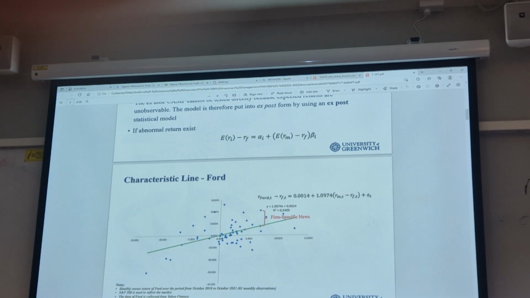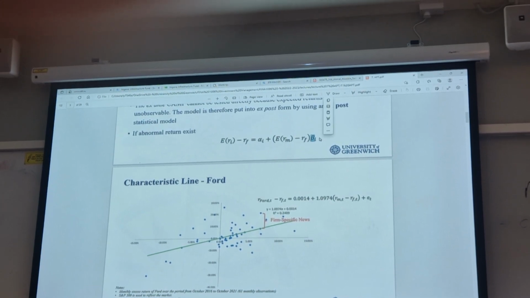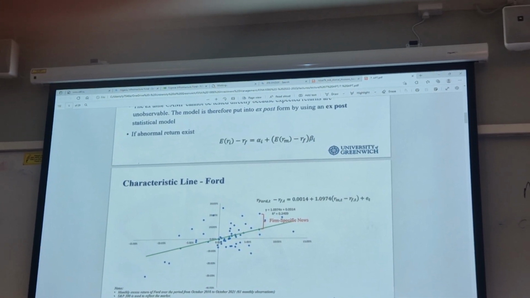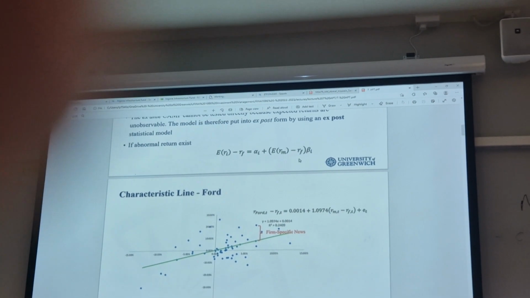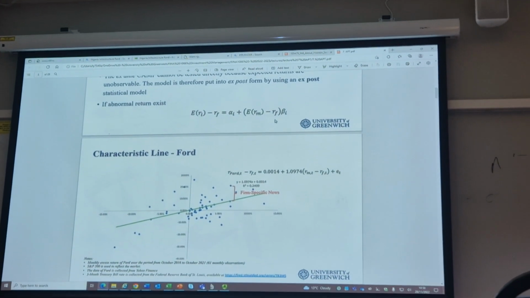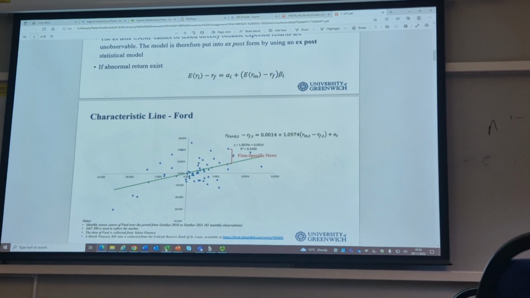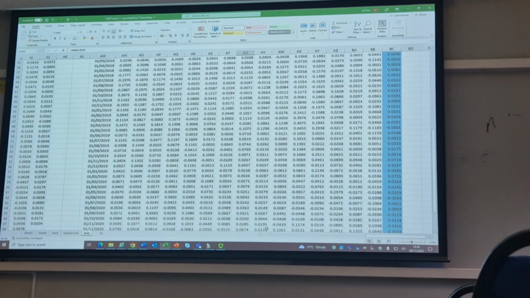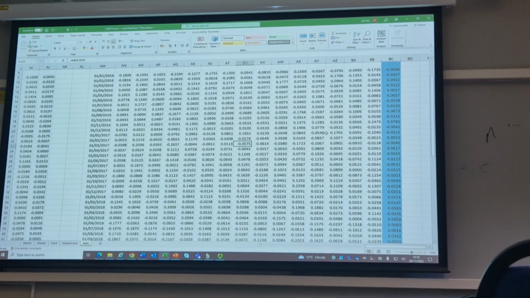This is the beta. Beta is basically the slope. Therefore, when we calculate beta, we use the slope function.